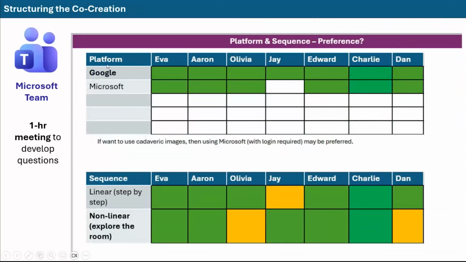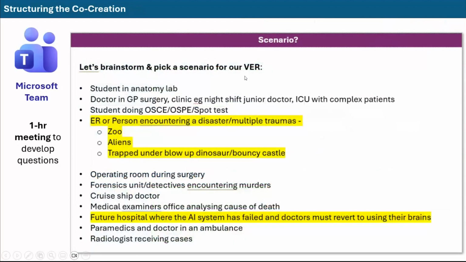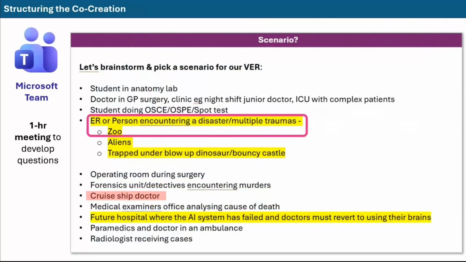We picked the platform we wanted to use, the type of escape room sequence, and then did the hard part, which is the brainstorming for different scenarios. I was looking at this yesterday, and I thought it was very funny. This was one of the scenarios, a cruise ship doctor. So it was a bit pretentious for what's happening recently. But we settled on some sort of disaster in a zoo where lots of animals have attacked people, basically.